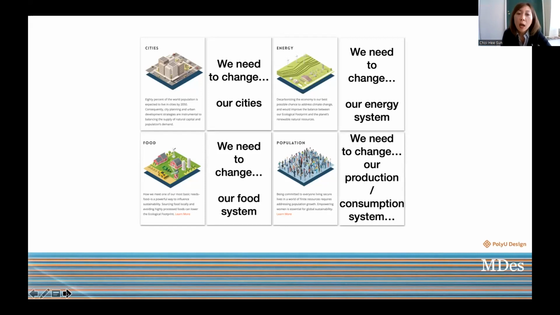And also how we can produce food in order to create a better regenerative environment, and how we can make a resilient city. In order to do that, we also need to understand the existing density of the population. How many people are living on this planet? Over 8 billion people are living on this planet.